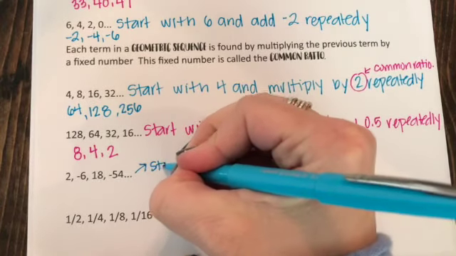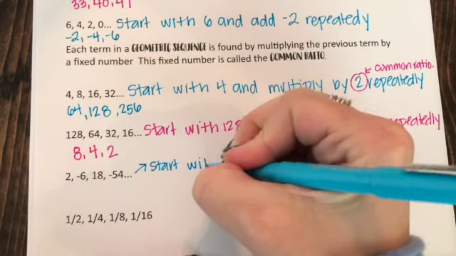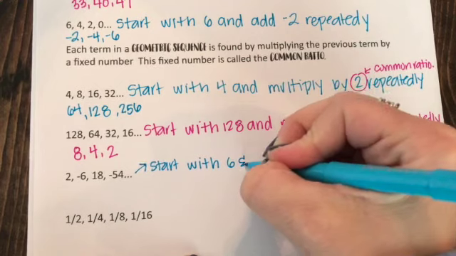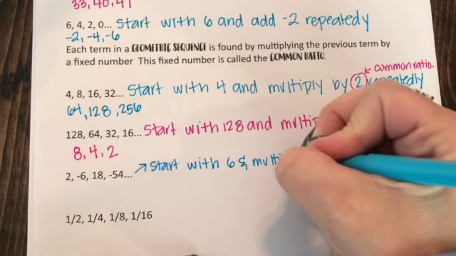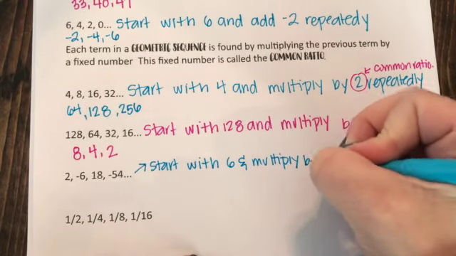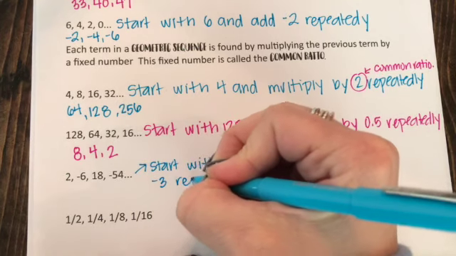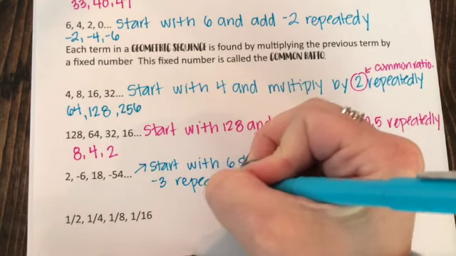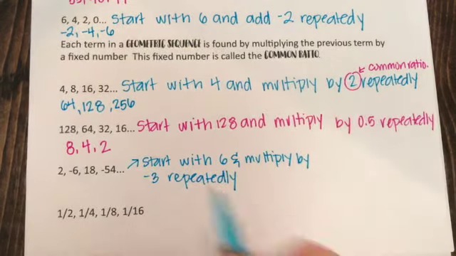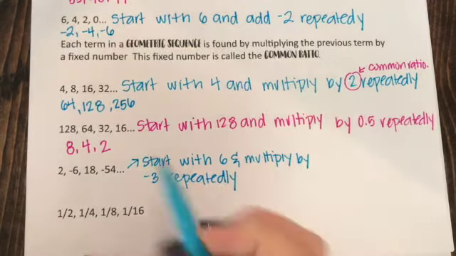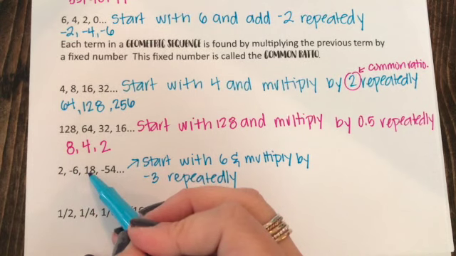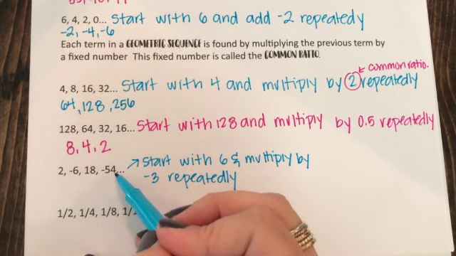So I'm going to write start with 2 and multiply by negative 3 repeatedly. And I know it makes sense because positive times a negative is a negative. Negative times negative is positive. Positive times negative is negative.